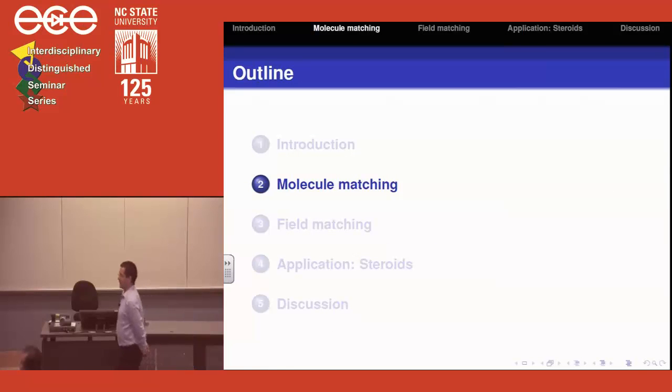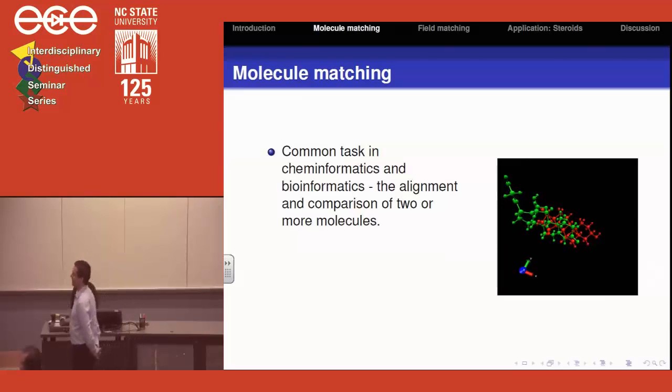So, molecule matching. I'm going to be considering a situation in chemoinformatics where people want to compare molecules to see how similar they are. You might have a very big database of molecules, say drug molecules, and you have one molecule that you know does something important biologically.